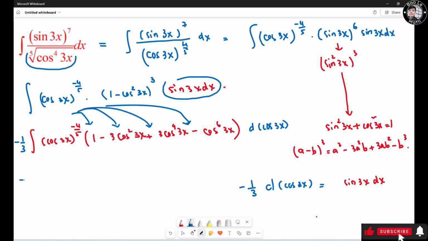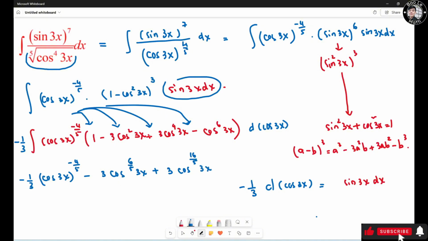So it turns out to be negative 1/3 times the integral of cosine of 3s altogether raised to the negative 4/5, minus 3 cosine of negative 4/5 plus 2, it's going to be 6/5, 3s. Now, plus 3, negative 4/5 plus 4, it's going to be cosine to the 16 over 5, 3s.